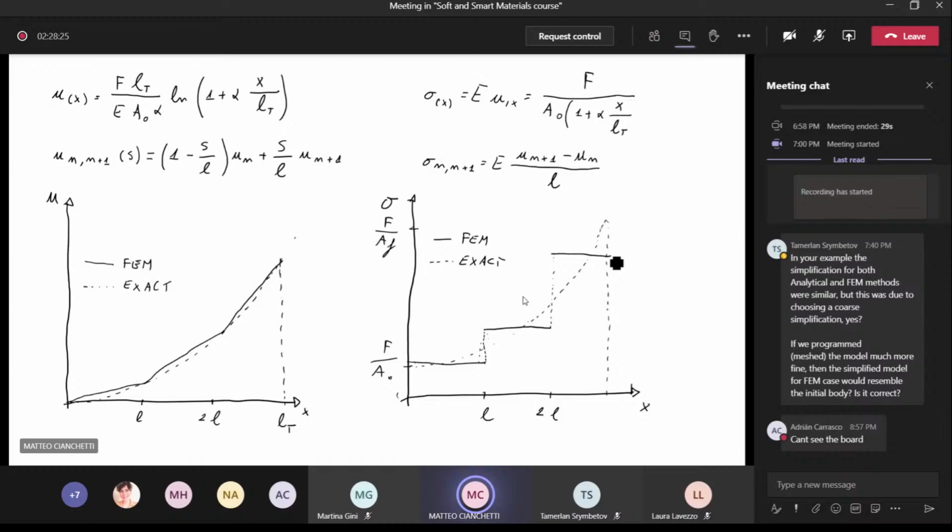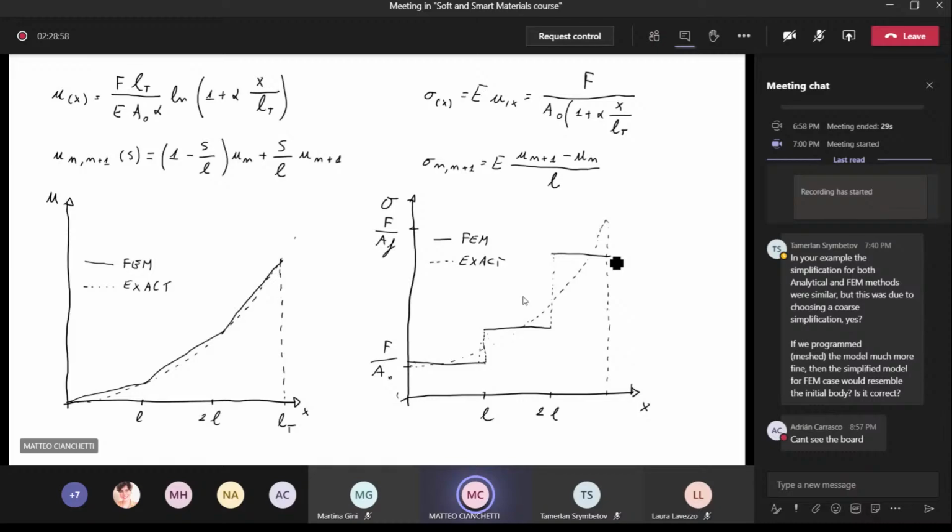We will see that there are some other more advanced tools to avoid this, but with the basic concept of the finite element method, this is the level of approximation you can have in a field problem on stresses, displacements and deformations. So in the displacement, you have the exact solution, which has a logarithmic form, and it can be approximated through segments.